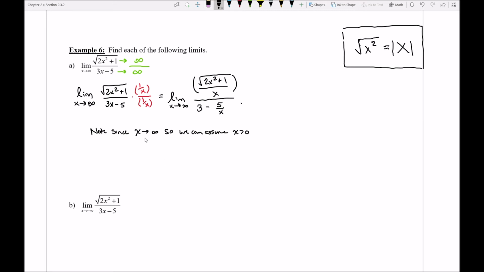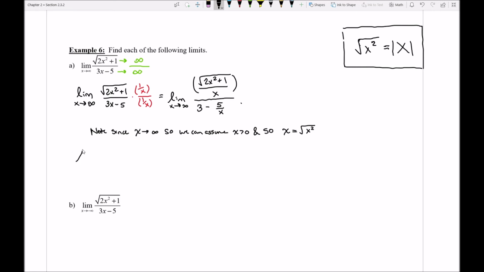Note here that since x was going towards positive infinity, we were able to assume that x was positive. And so we can state confidently that x is the same as the square root of x squared, because x is positive. If x is negative, then this would have to be true. But since x is positive, we don't have any risk, and now this will work.